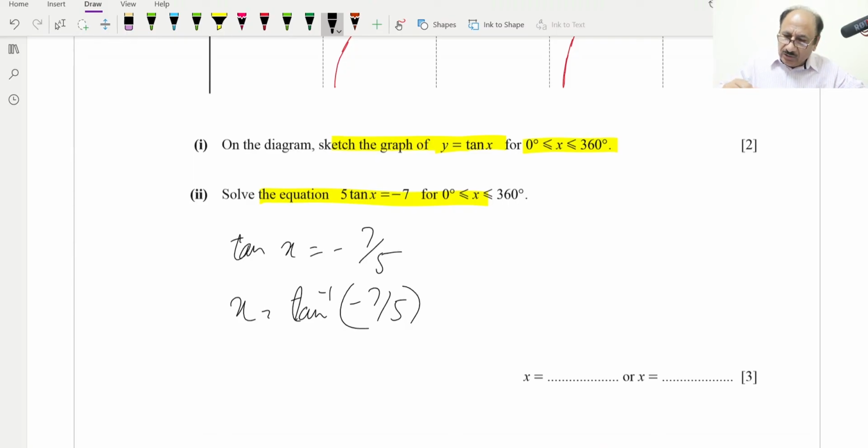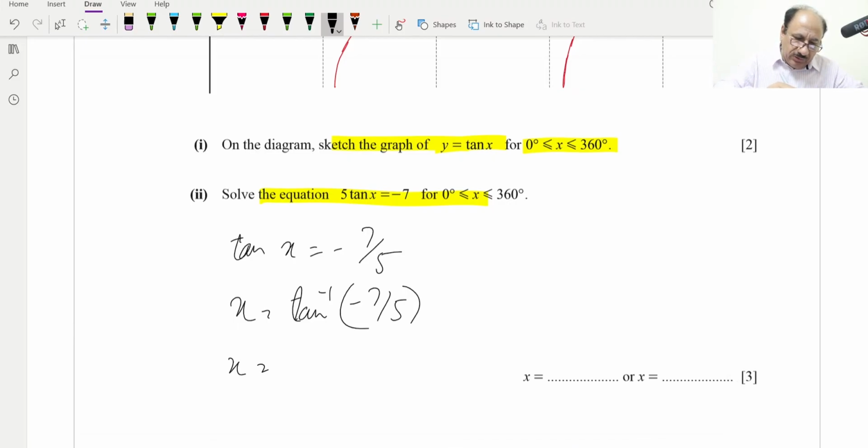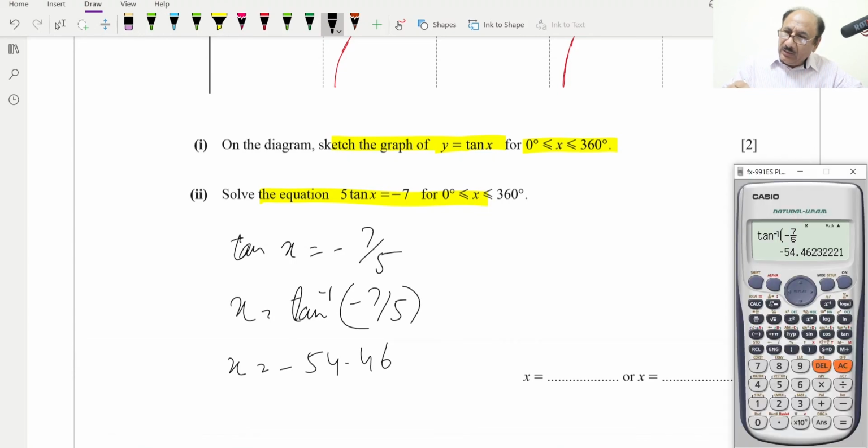Now we can use the calculator: shift tan of minus 7 over 5, and this will be equal to minus 54.46. So the x value is equal to minus 54.46.